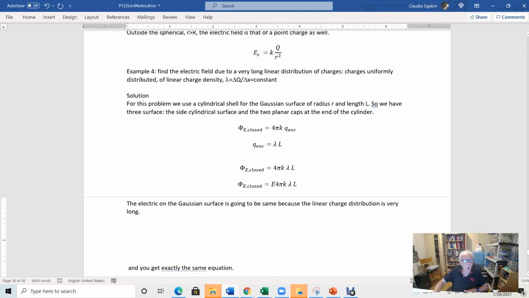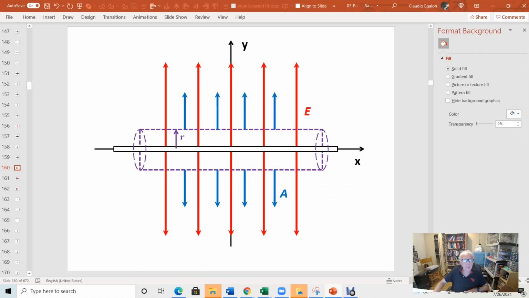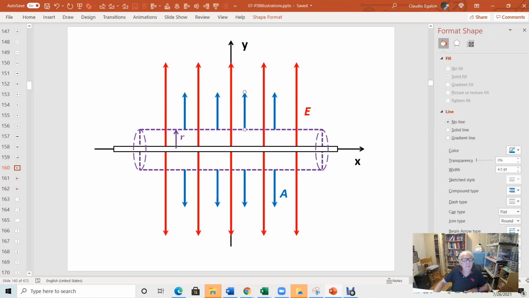But I can say that only for that point on the surface. I cannot tell you anything about the electric field at this other surface with a smaller radius, or out here outside. Most likely it's going to be smaller than this one because it's further away from the source.